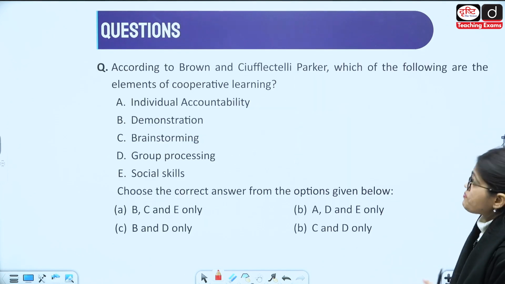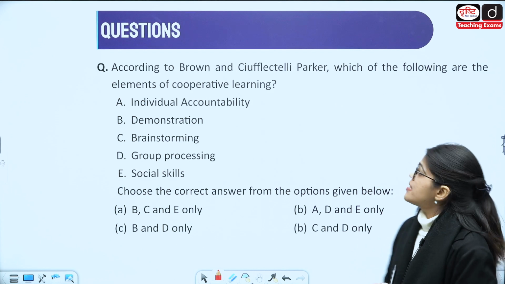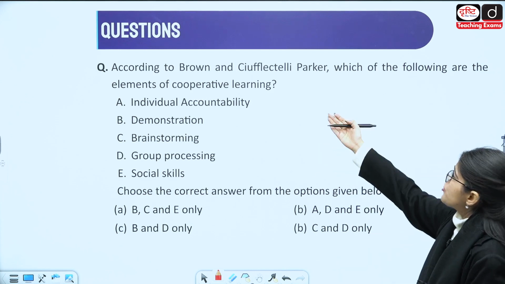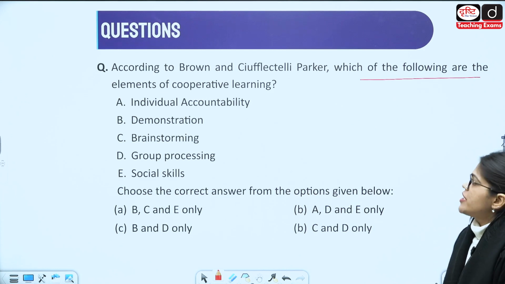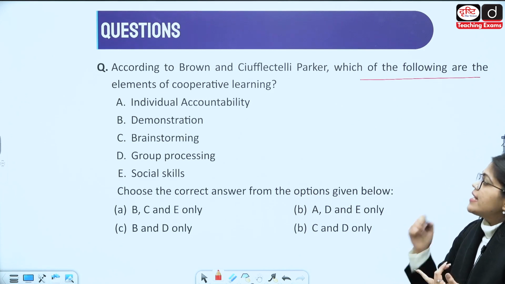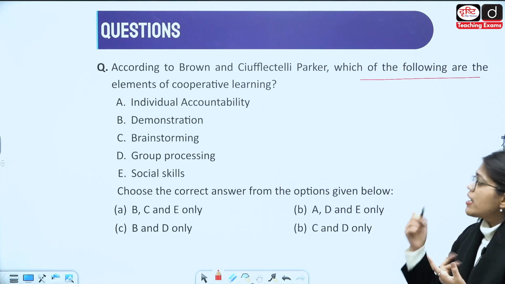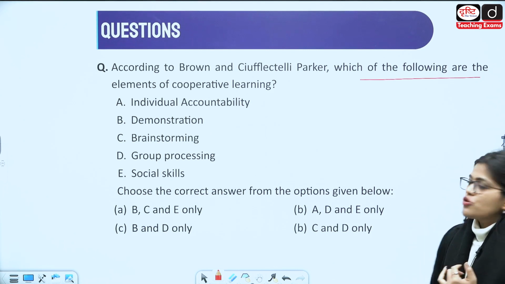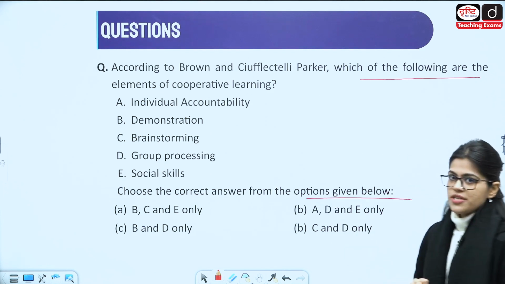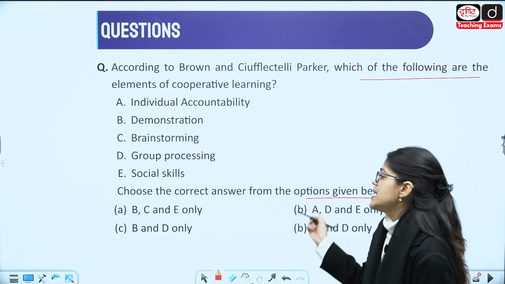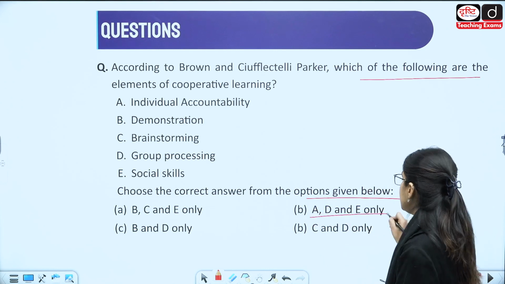So this was the question that was asked in the paper. According to Brown and Chofiltelli Parker, which of the following are the elements of cooperative learning? Individual accountability, demonstration, brainstorming, group processing, or social skills? Choose the correct answer from the options given below. We have B, C, E only. We have A, D, E only.